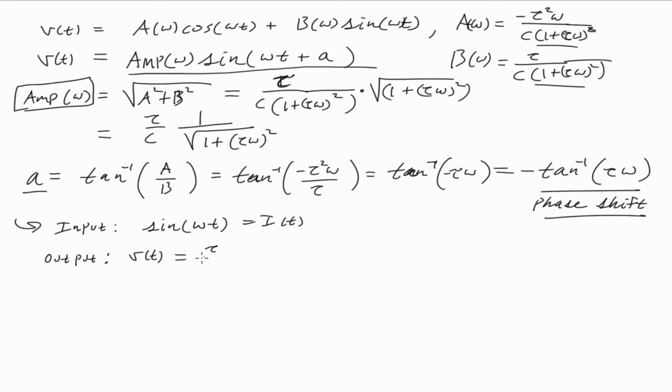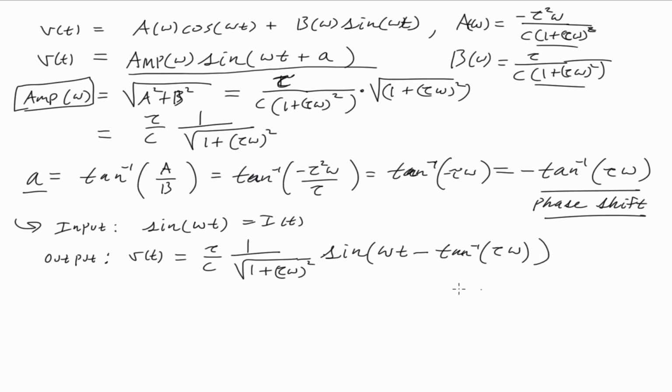It's going to be tau over C, 1 over root 1 plus tau omega quantity squared, times sine of omega t plus this phase shift, minus tangent inverse tau omega. All right, so we see that because of that negative sign, we really are talking about a delay. And that makes sense if we think about our circuit again.